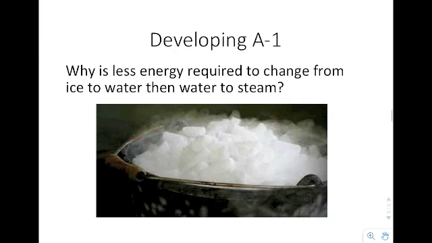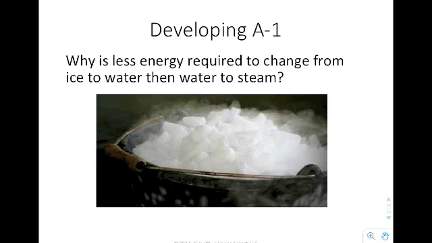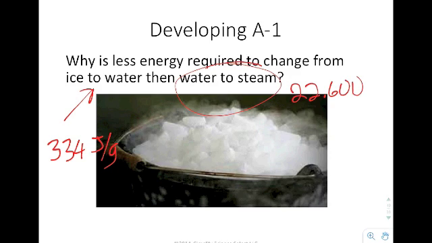The first one says, why is less energy required to change from ice to water than water to steam? So if you look, the amount of energy that's required to go from ice to water is relatively small. It's on the order of like 334 joules per gram. So that's pretty small. Whereas on the other hand, with steam, it's like 22,600. Now if you think about the phases themselves, remember that if you look at it on an atomic basis, the molecules are stuck together in a solid.